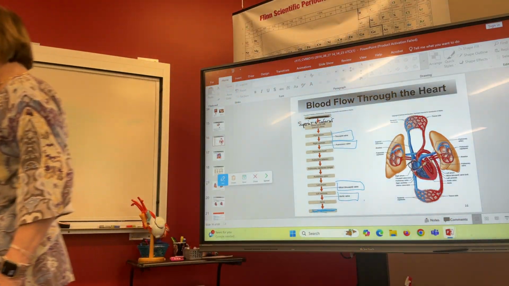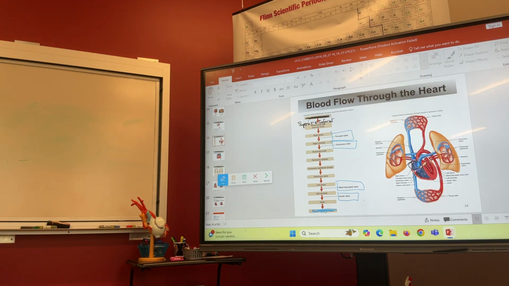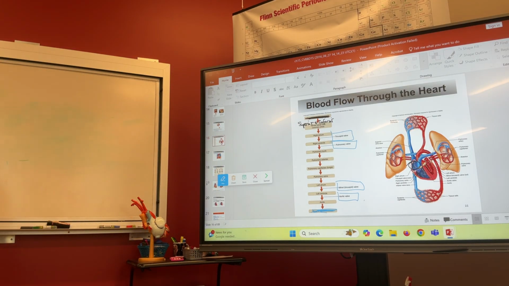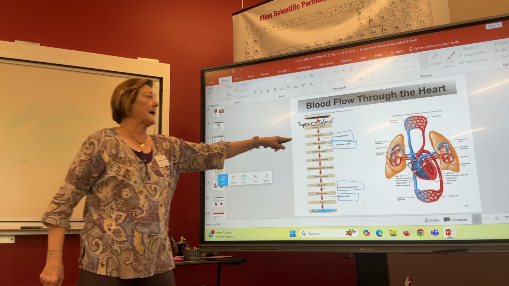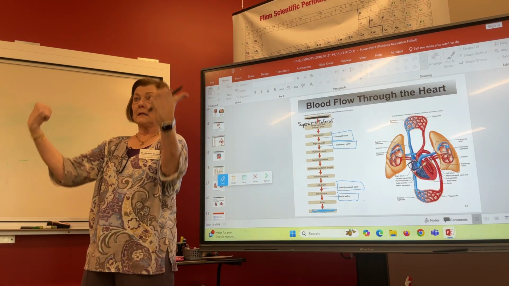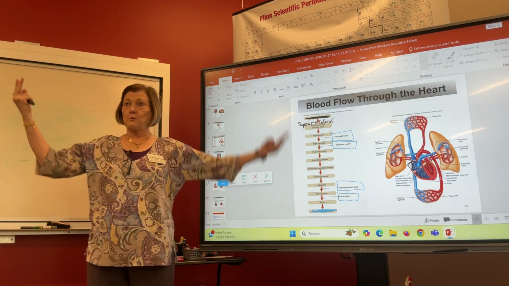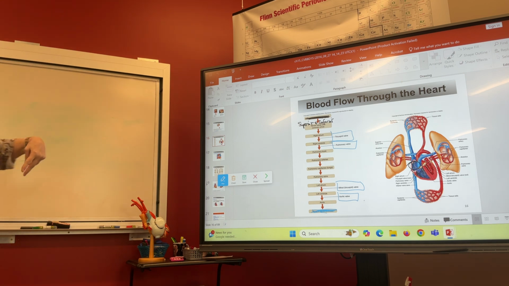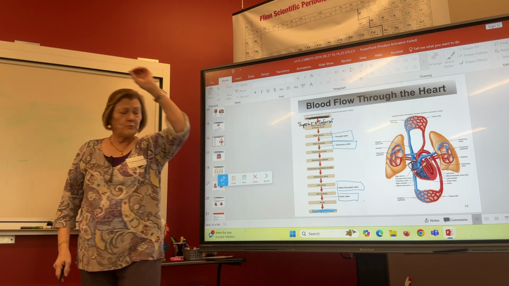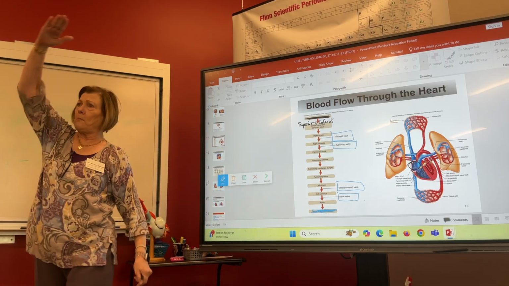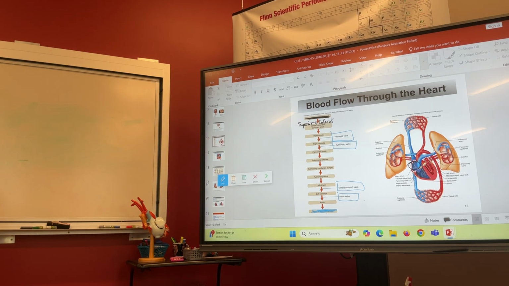Superior vena cava, inferior vena cava, coronary sinus, into the right atrium, through the tricuspid valve, to the right ventricle, through the pulmonary valve, right and left pulmonary arteries, pulmonary capillaries, and then 2 pulmonary veins go into the left atrium, through the mitral or bicuspid valve, to the left ventricle, through the aortic valve, to the aorta. I want you to be able to do that, and we're going to do it so many times, you're going to just ask me to shut up.